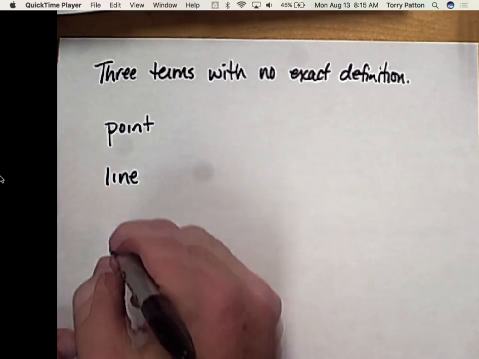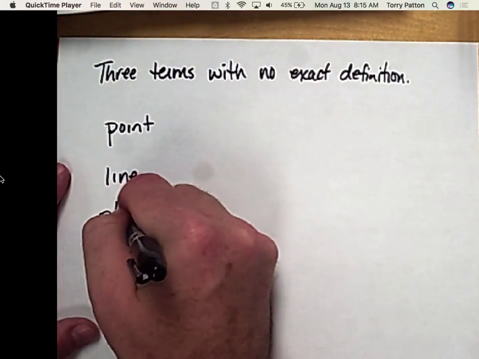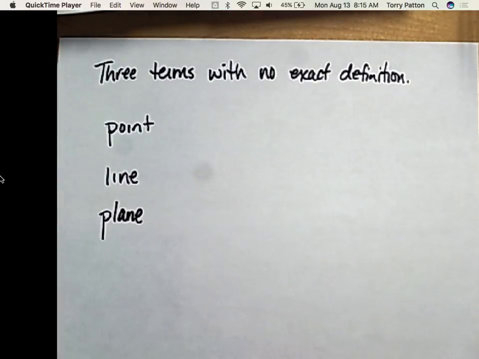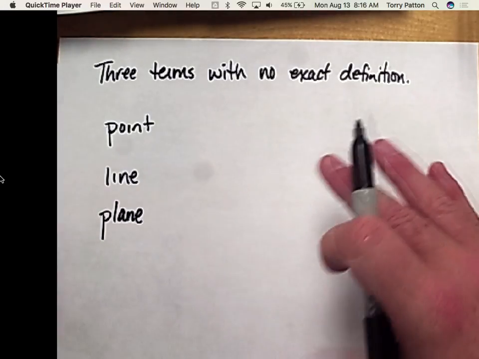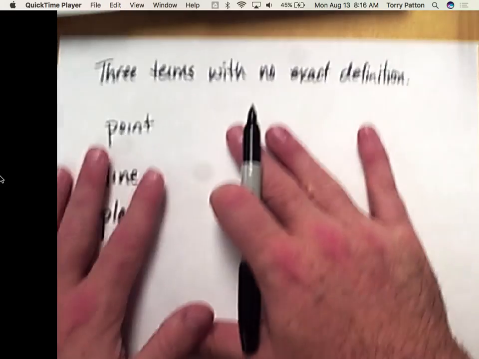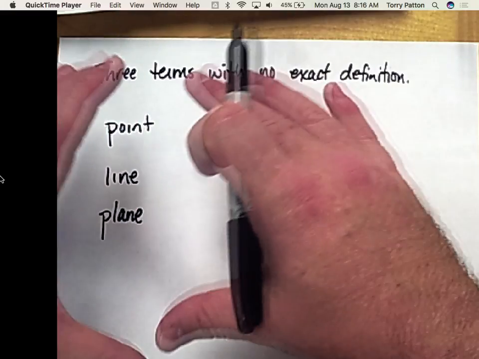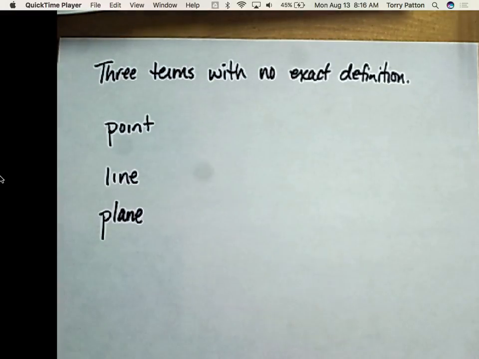And the last one is plane. Now, plane is kind of like a two-dimensional line, okay? If you were to think about this sheet of paper that I'm writing on here and think of it as if it went forever in all 4 directions, okay? So it's not just this sheet of paper.